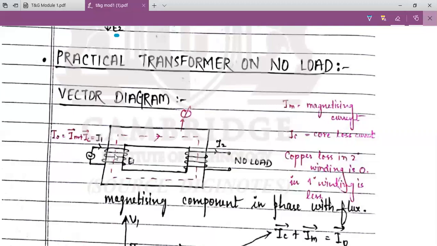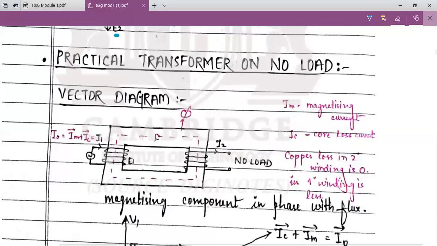In an ideal transformer there is no resistance, so there is no loss. In a practical transformer there will be a resistance, so there will be a loss. The resistance produces a heating effect, and due to that heating effect there is loss in the core as well as the winding. So the iron loss is also produced, and the copper loss.